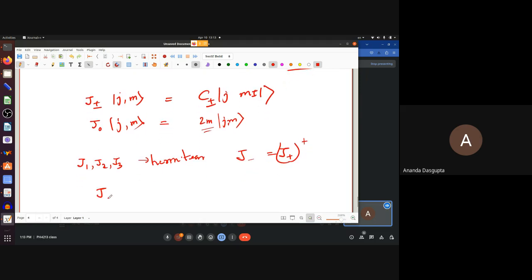And you use the fact that there exists a J0, or J square, which commutes with all of them and so on. Okay. Now, this one is still true no matter whether you're dealing with real algebra and so on. But we will try to avoid using the fact that J1, J2, J3 are Hermitian.